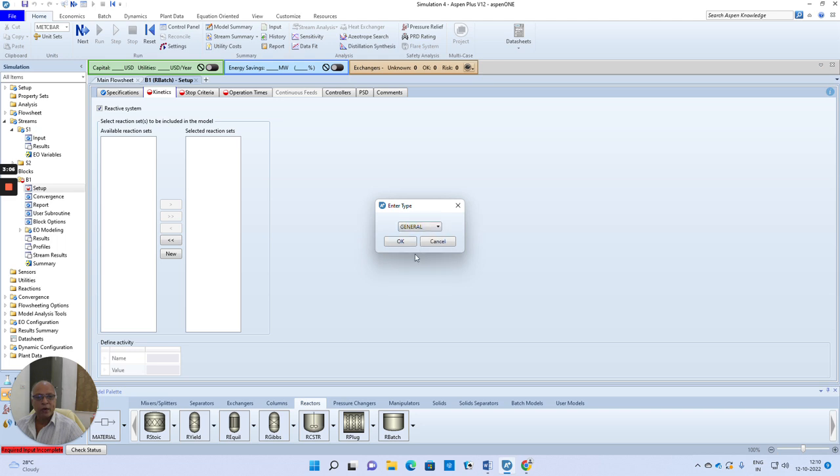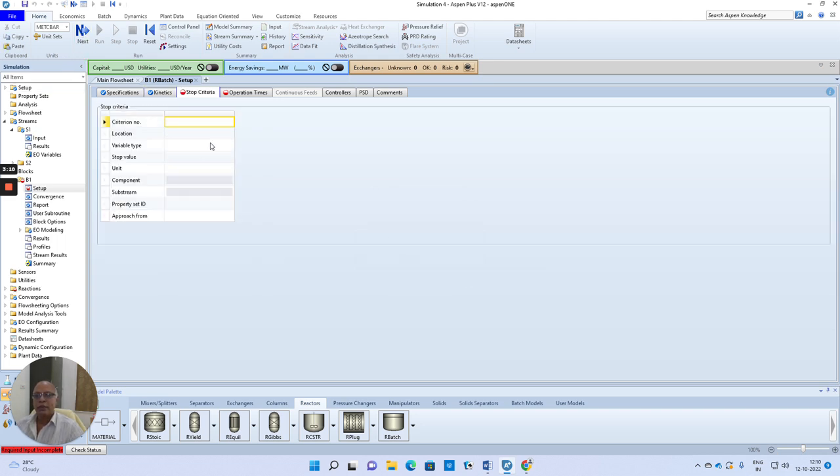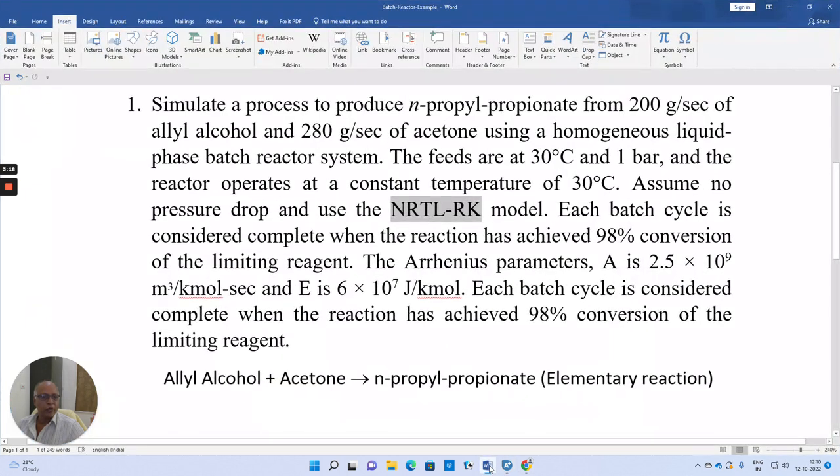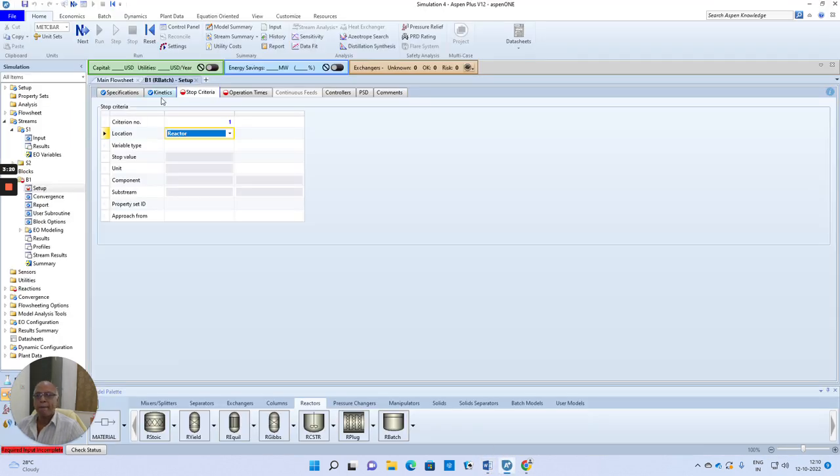I'll select a general model for kinetics. Next. Stop criteria 1. Location within the reactor. Variable type, I think we need to get a conversion of 98%. So the variable is conversion. Stop value is 0.98.